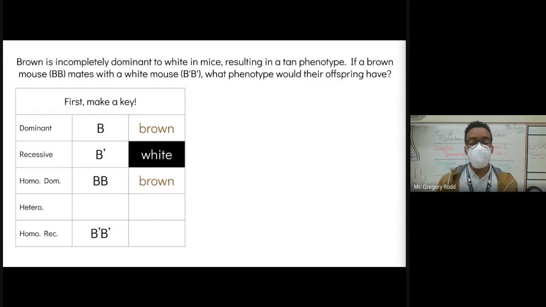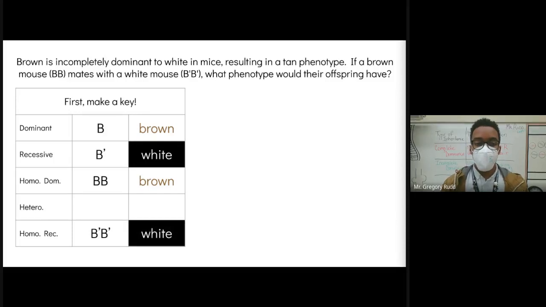So homozygous, just as a brief reminder, means same. Because it's homozygous recessive, we need the recessive allele and we need it twice. So B prime, B prime. And Abina, which phenotype does that give us? White, good. And JT, the heterozygous genotype, what is that?